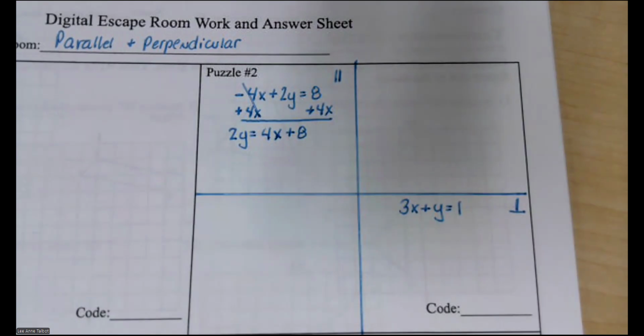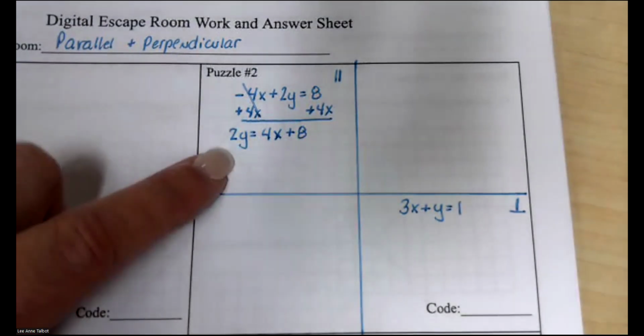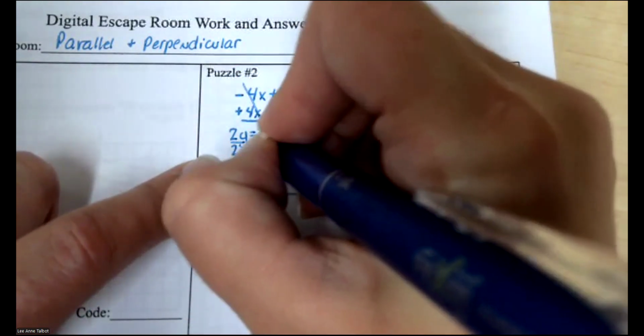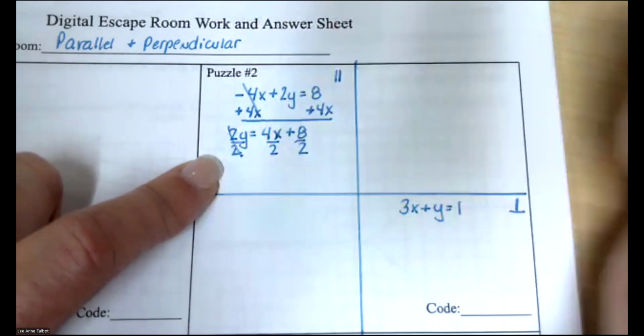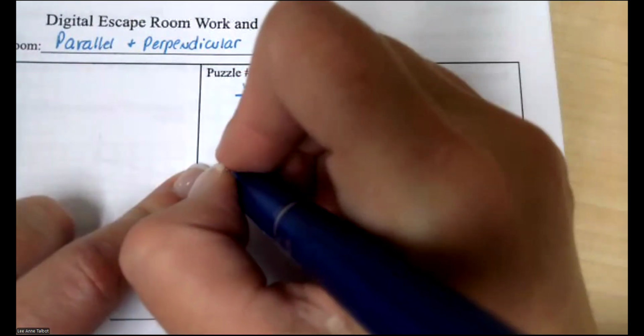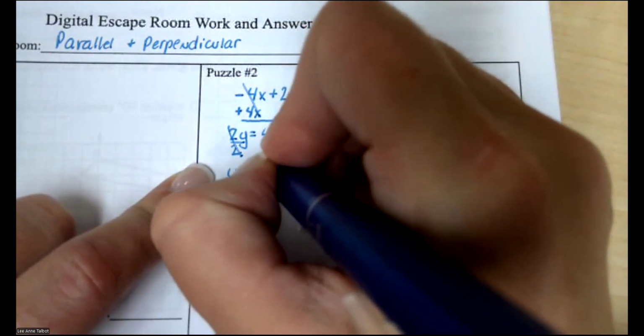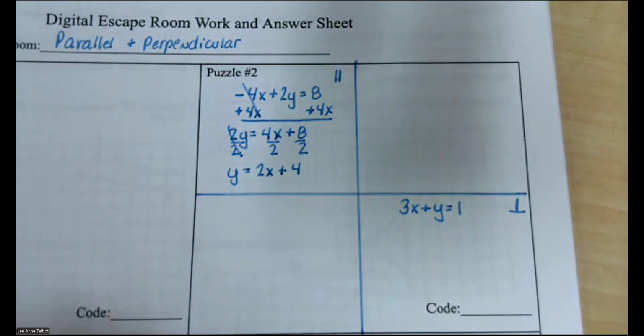Are you picking up what I am laying down here? Okay, now I have 2y, so divide everything by 2. And you have y equals 2x plus 4.